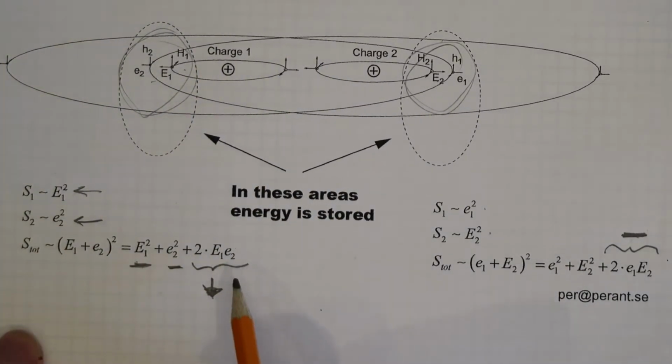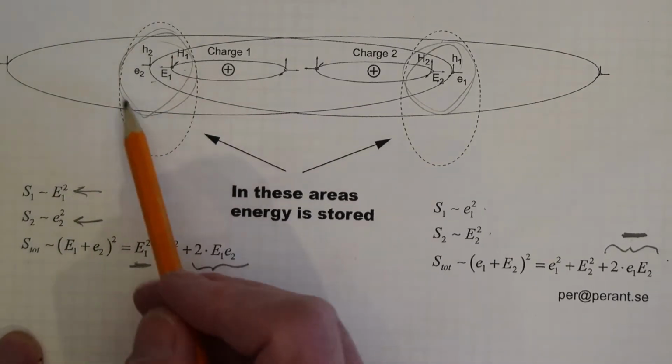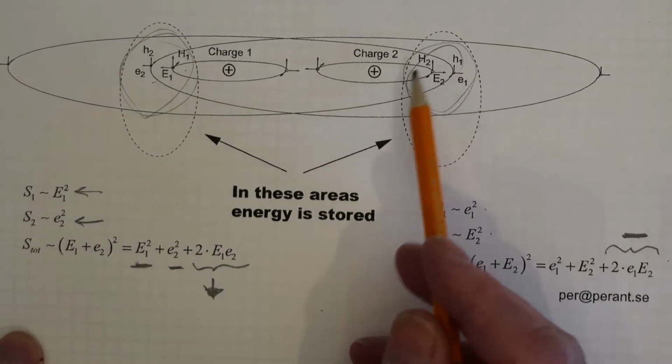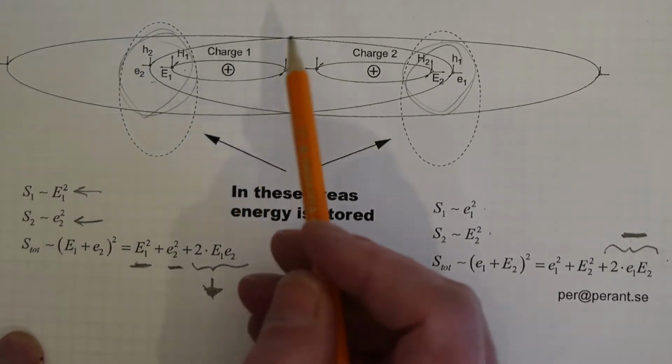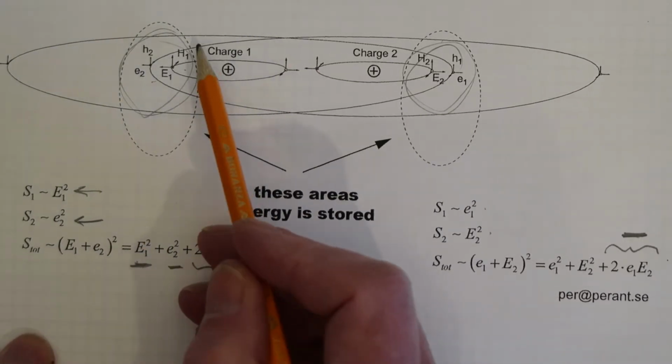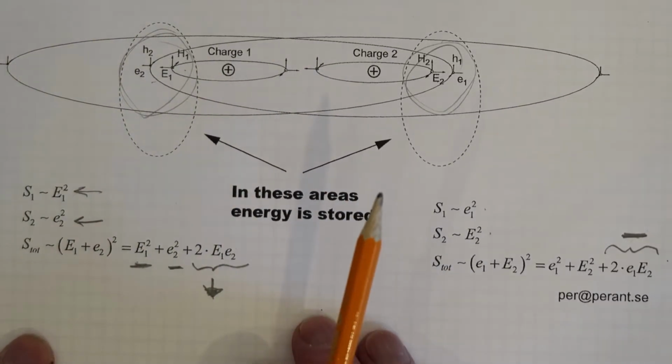How is that possible? How can we have more energy over here than the energies coming into the area or going out from the area?